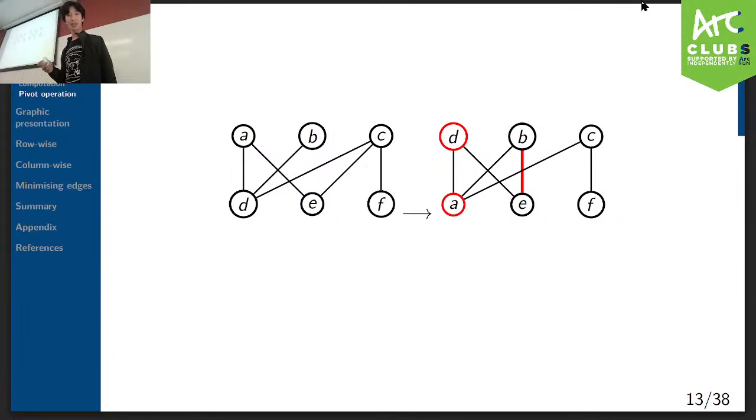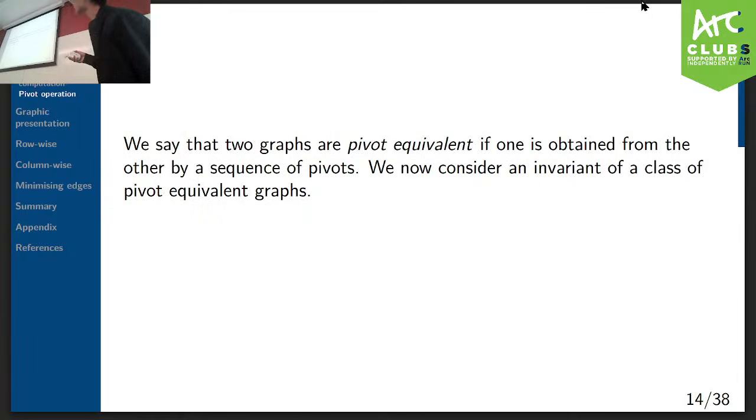Now on to the invariant. I'm going to be introducing some linear algebra. If you don't follow, you can just ask. If you can get from one graph to another graph via a sequence of pivotings, a sequence of these operations, then we're going to say they're pivot equivalent. And this forms an equivalence class.